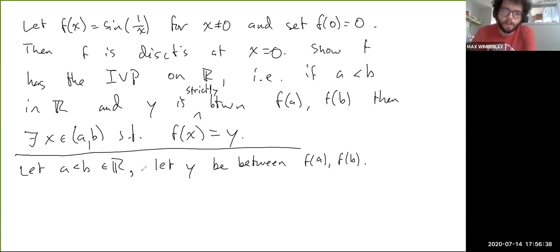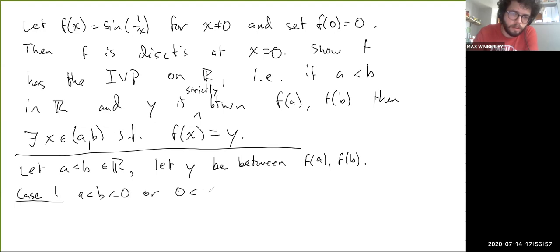Then there are some cases we can easily take care of. Case one: either a is less than b less than 0, or 0 is less than a less than b.